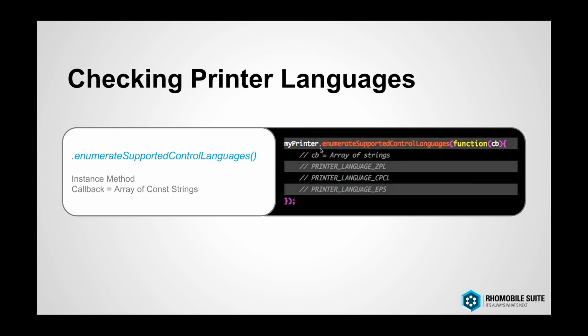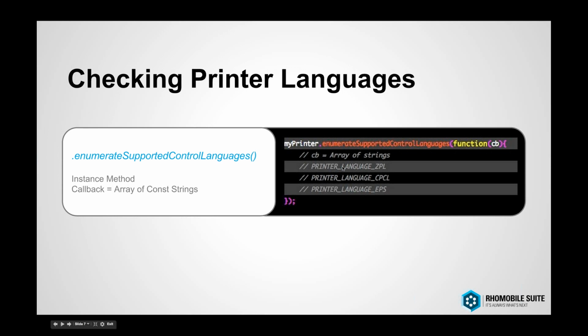Okay, here's another useful method that will return the printer languages. In Zebra, there are a couple of different languages that could be enabled or supported on a particular printer. So before you start issuing printer language commands, it's important to know if the printer supports it or not. It's a long method name, enumerateSupportedControlLanguages, but again it's on the instance object myPrinter, and the callback will return an array of strings.